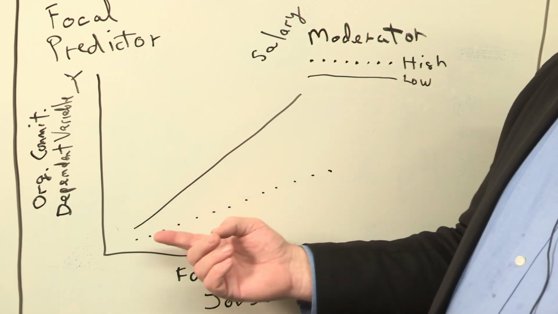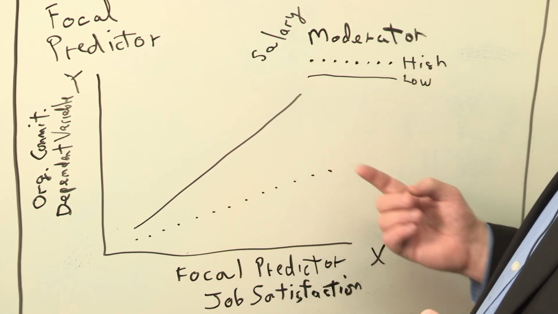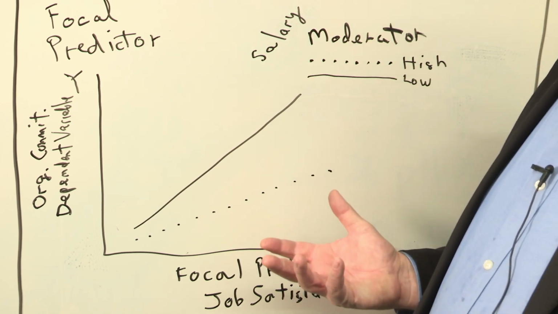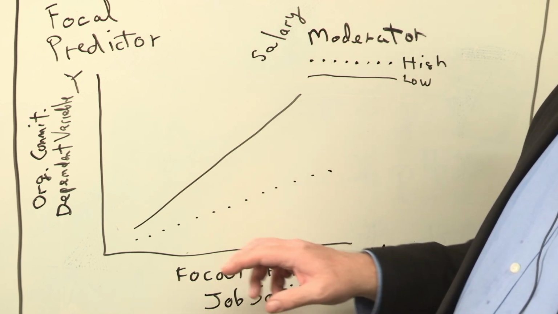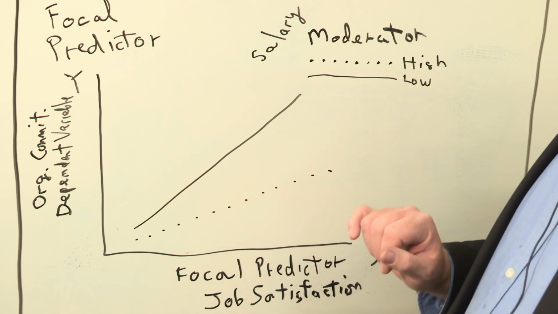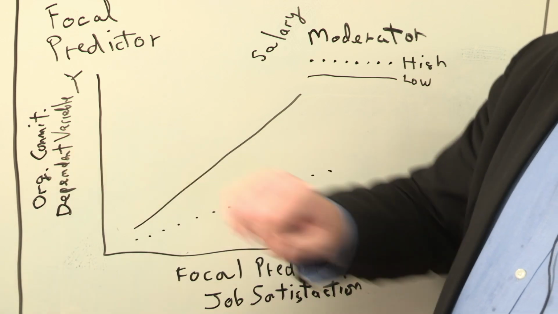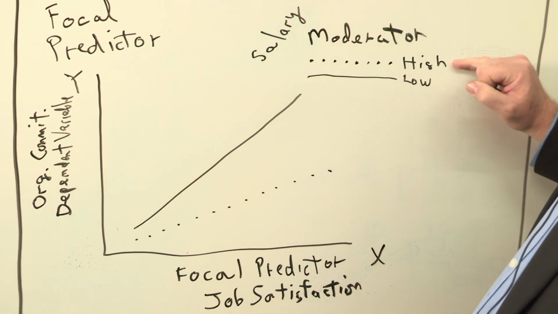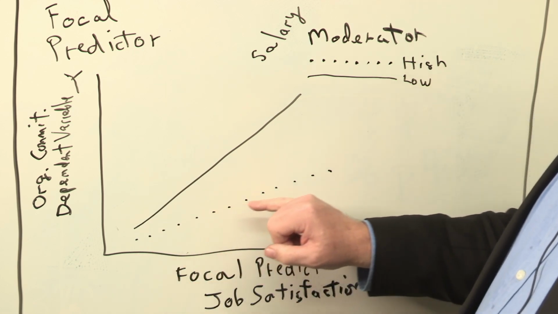Now, that might turn out to be a significant effect. It may or may not. However, with the significant interaction, you could say with confidence that this is a decidedly weaker effect of job satisfaction on organizational commitment for people at a high salary, right here.